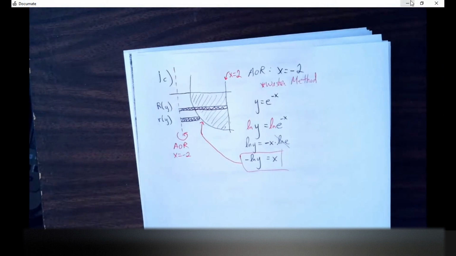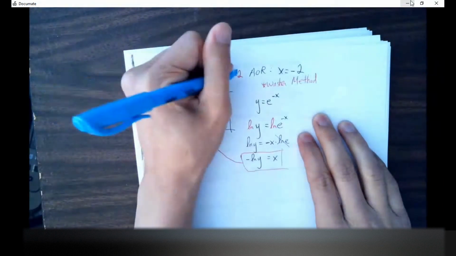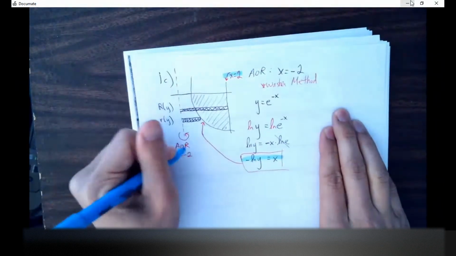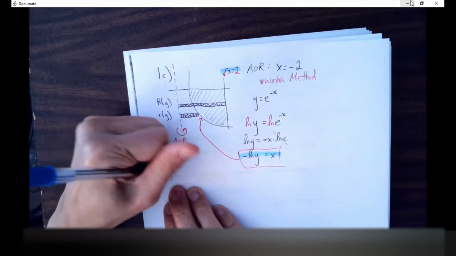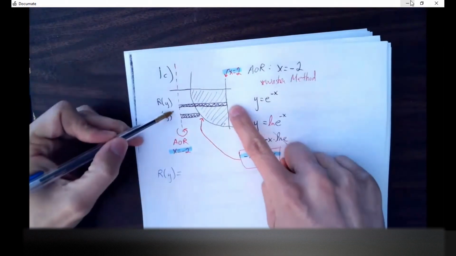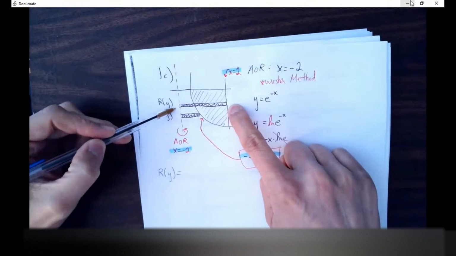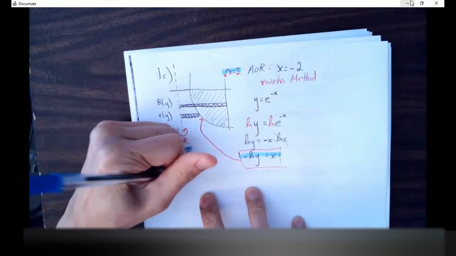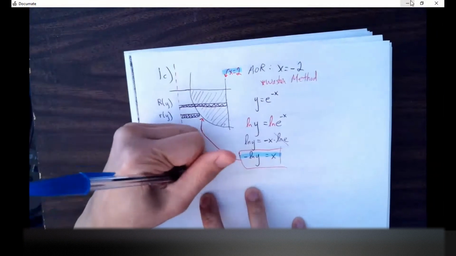I think we have everything we need to build our radius. We have this line, we have the curve, and we also have the axis. Big R of y, right minus left. So 2 minus a -2, which is just 4.